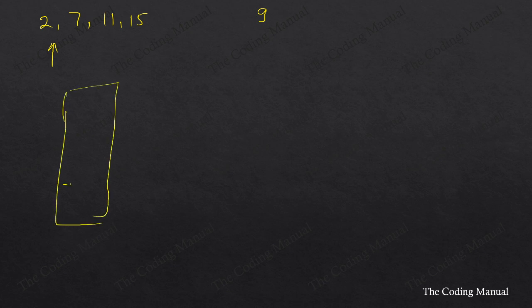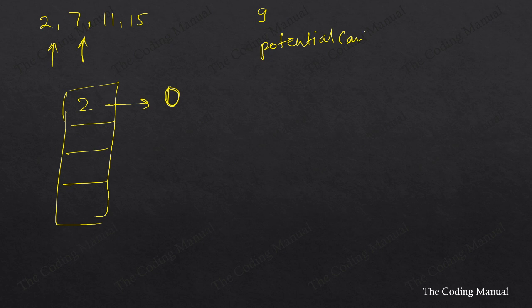So let's do this. 2, 7, 11, 15, target is 9. I take this and I have created a dictionary. When 2 comes, I will say potential candidate: 9 minus 2 is 7. Does this exist?